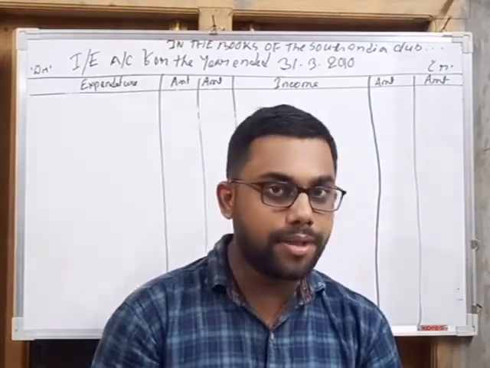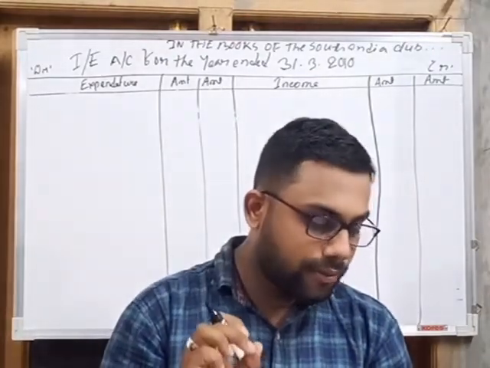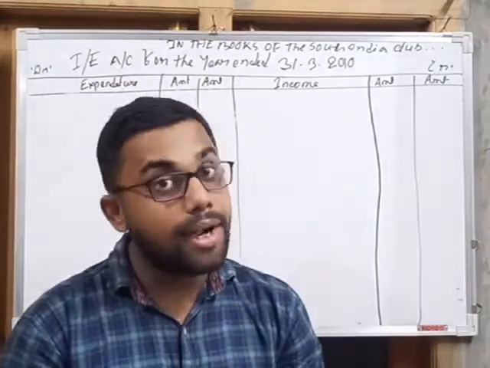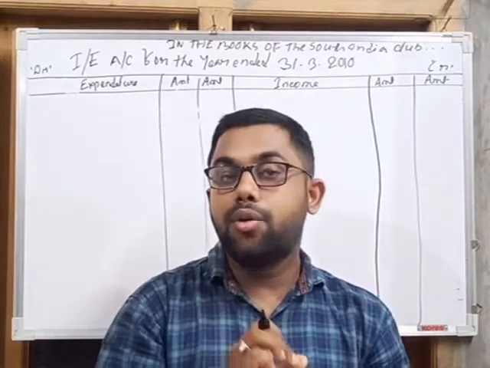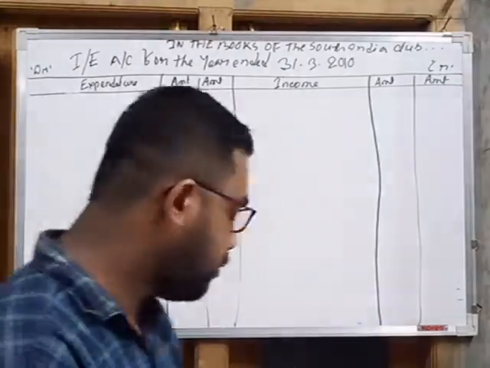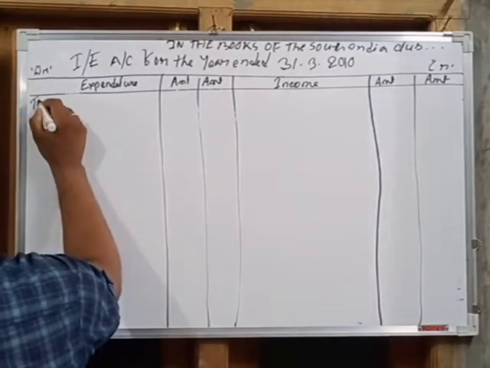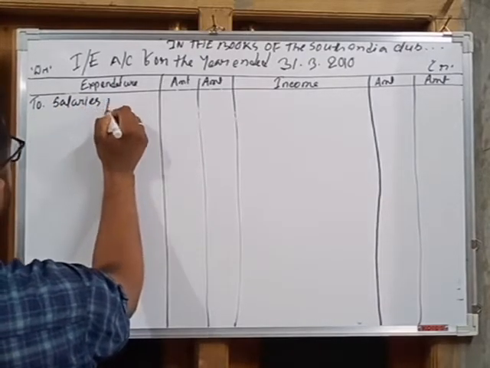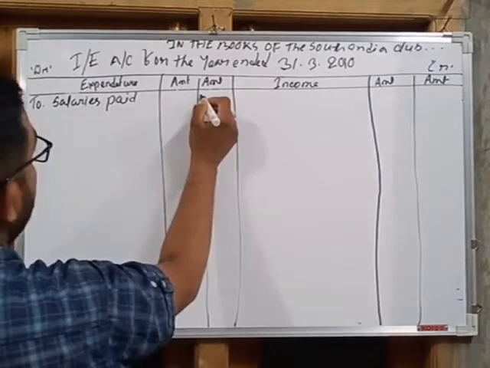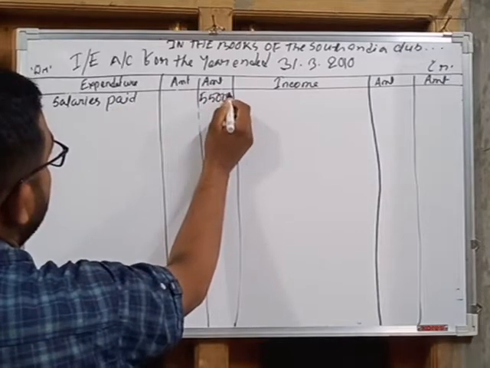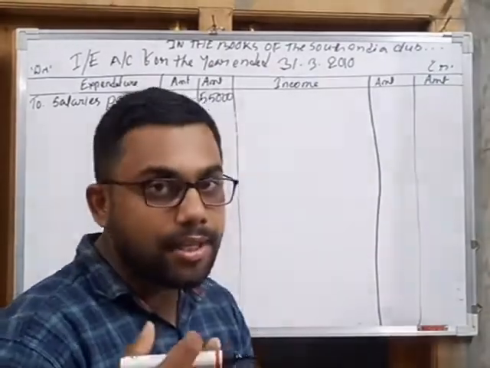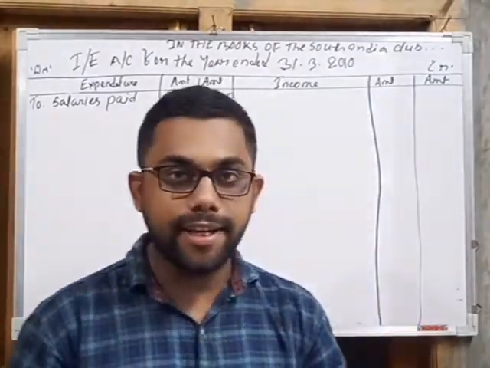So the total amount of 55,000 is the salaries paid for the current accounting year, because there is no additional information. So it will come on the payment side. To salaries paid, the amount is 55,000.